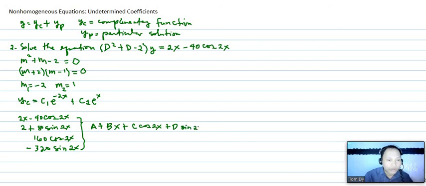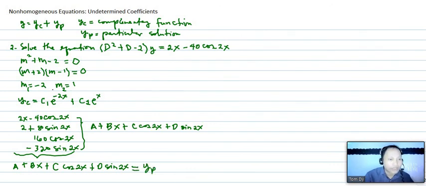I will transfer this here: a plus bx plus c cosine of 2x plus d sine 2x.